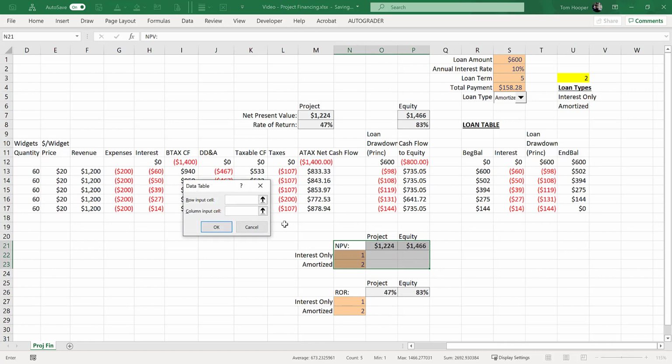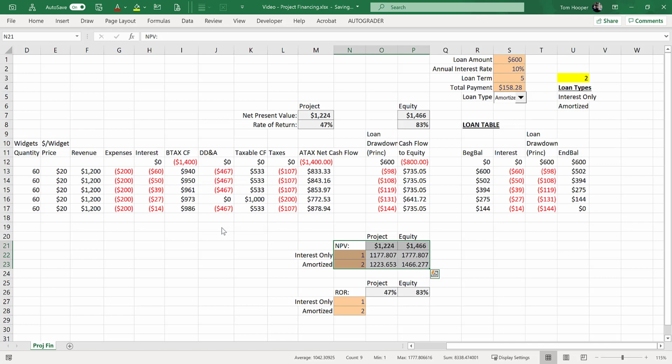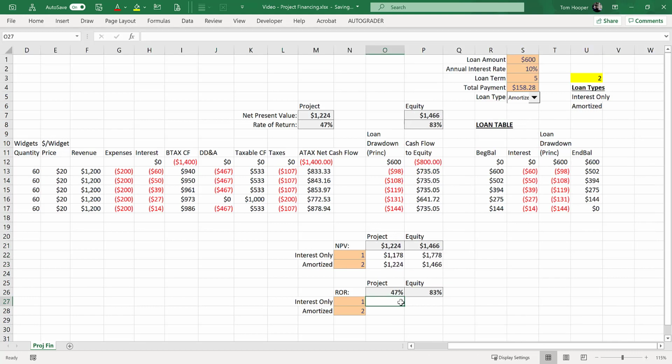So data table, is that a row input cell or a column input cell on this one? Well, my inputs are in a column, so it must be a column input cell. And my inputs are going to tell me what type of loan I have. So we'll go with that. And we're looking at NPVs, so let me make those currency. And then let me do the same thing for rate of return.